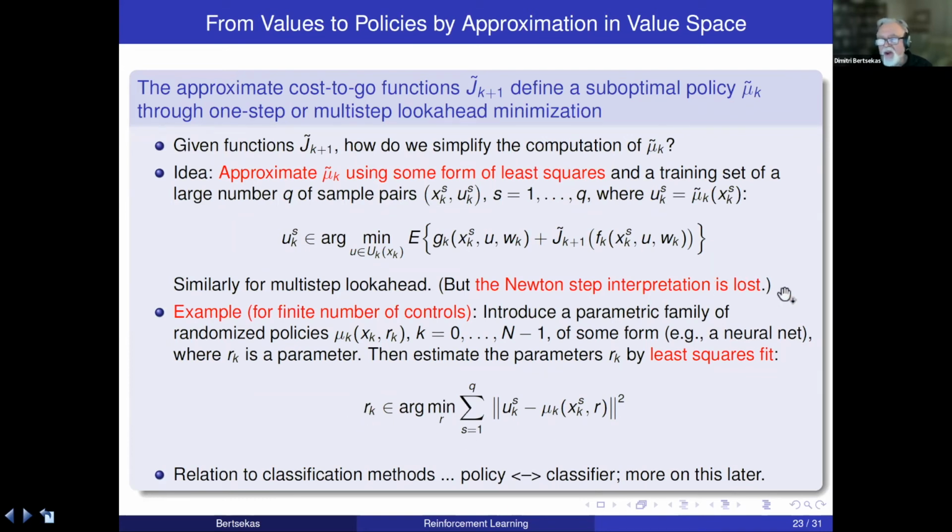Now, one thing to note here is that the Newton step interpretation is lost. Once you pass into this kind of approximation based on least squares fit, the policy that you have and its cost is not obtained by a Newton step. So something is lost here, and it's not entirely clear what. It depends on the quality of this least squares fit, but it's something to be concerned with.